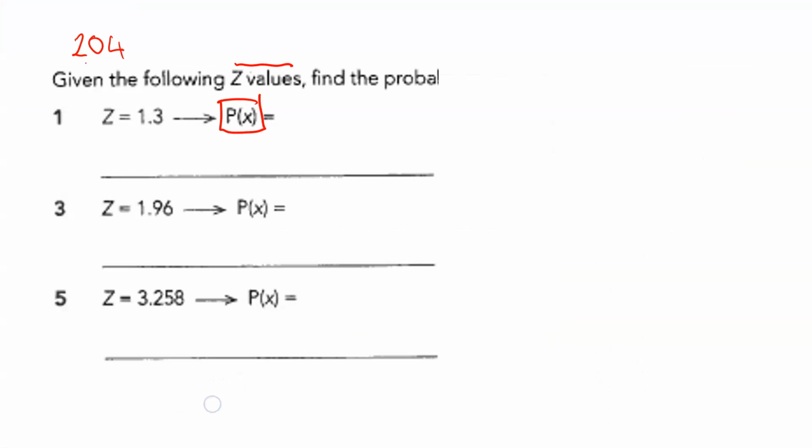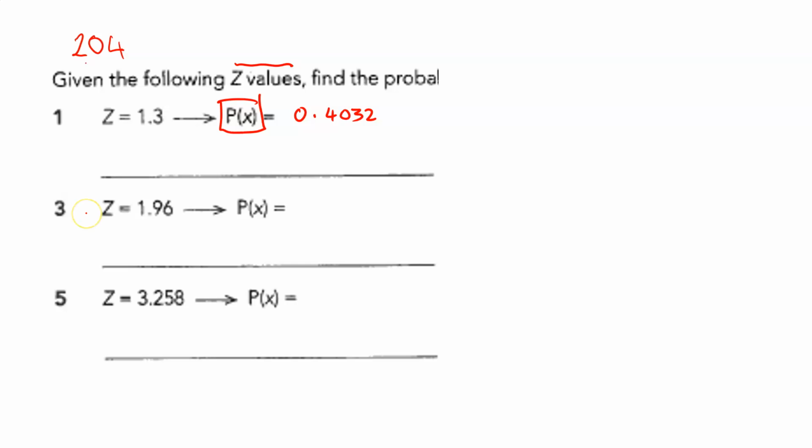So we go back to our answer, and that probability is 0.4032. That's it. So what we've found is when we have a value that is 1.3 times the standard deviation, the probability on the normal distribution curve is 0.4032.